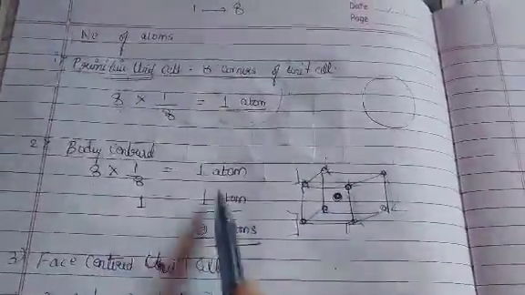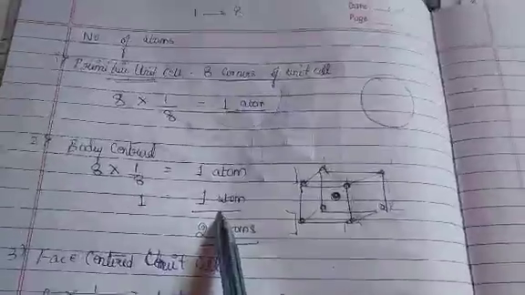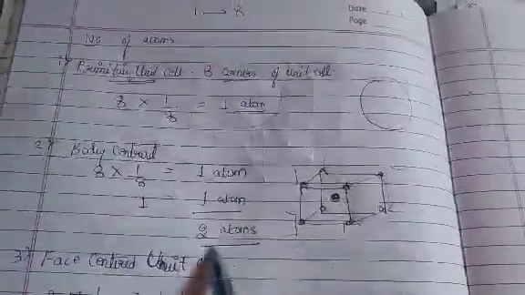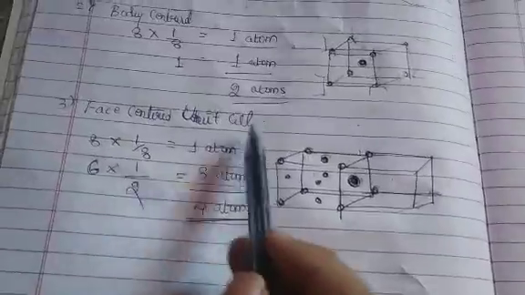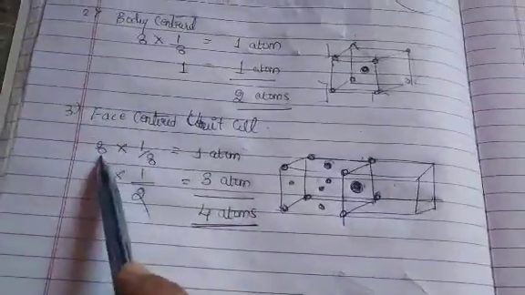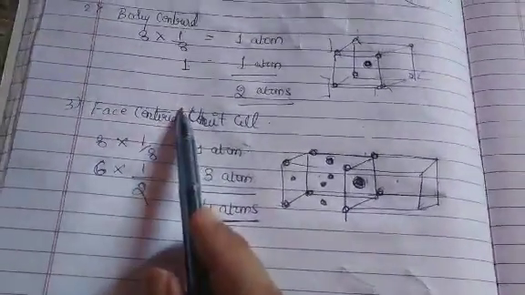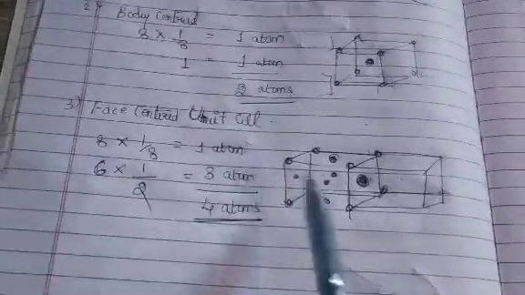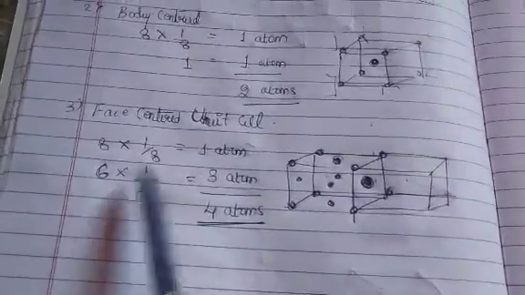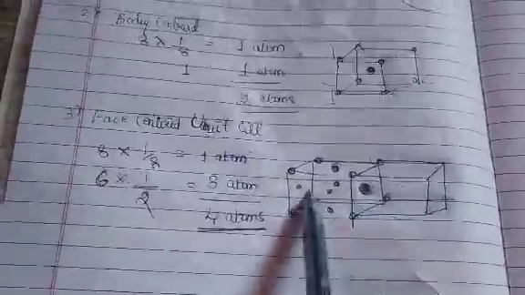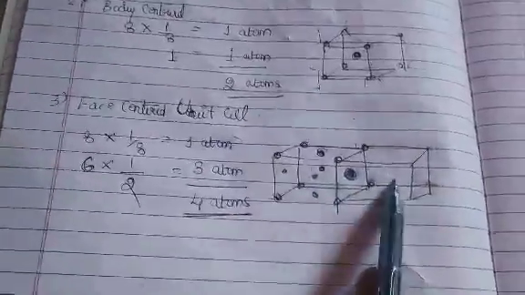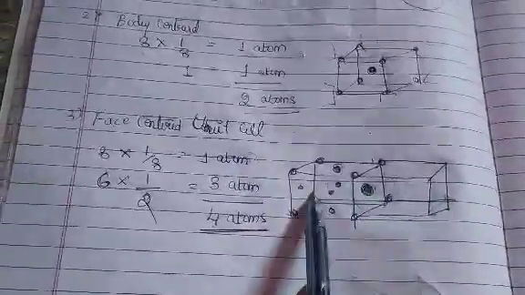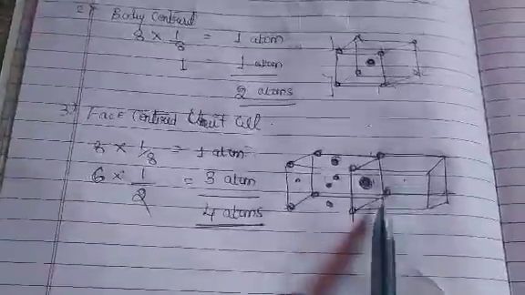So it remains one atom as such, giving you the total number of atoms as 2. Whereas in a face centered unit cell, what happens? Of course, the 8 corners go with 8 unit cells, giving you one whole atom. But there are 6 faces, and each face atom is in turn attached to 2 unit cells. So each face gives a 1 by 2 part.